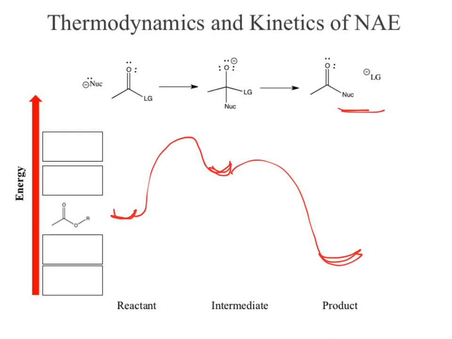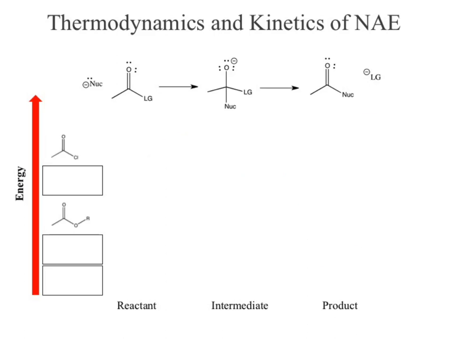Now my drawing is going to disappear. What happens if I now look at that drawing for the acyl chloride? How would I draw that one on? Would its intermediate really be any different?